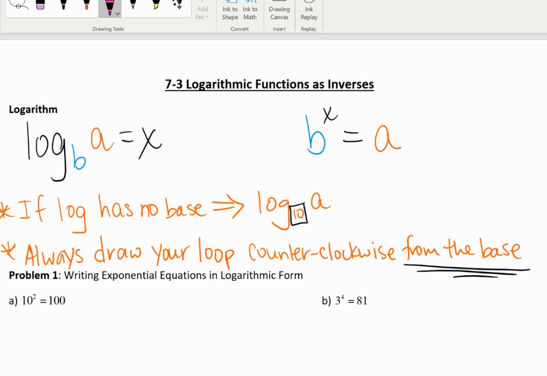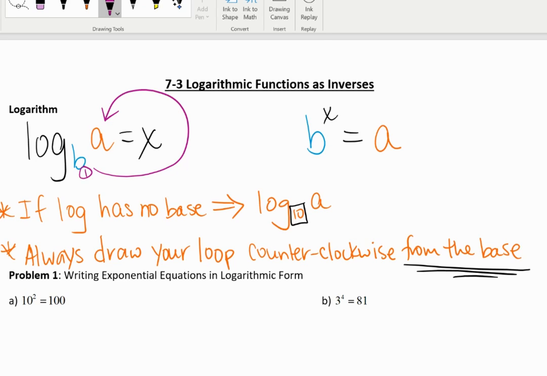So we'll start in this sort of a move and go here, and then we're also going to learn how to go back. So the idea of going from a log to exponential form, you're going to loop. We're going to go big loop starting from the base of our log. The base of our log is always going to be like a little number down here.